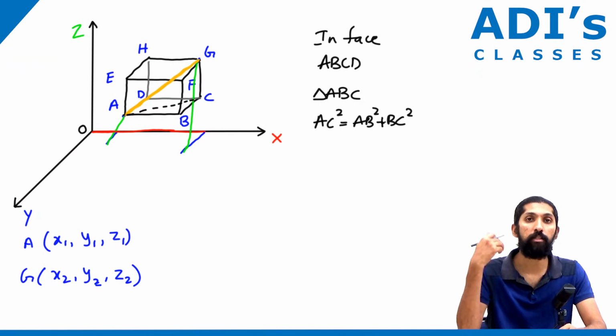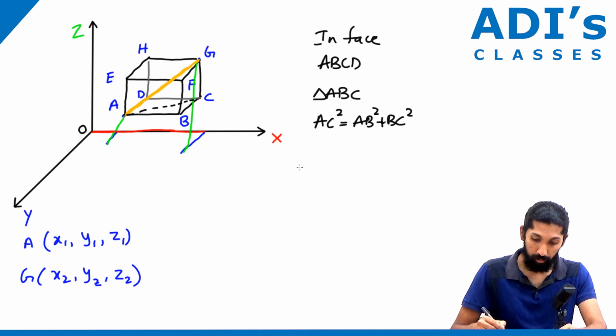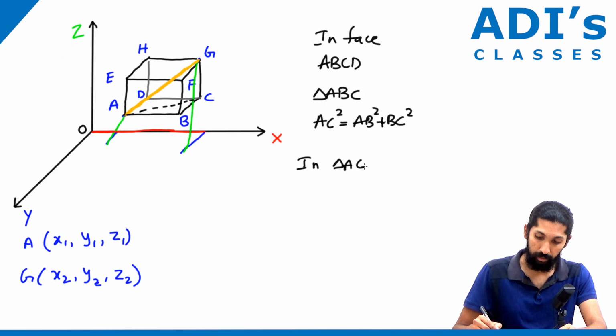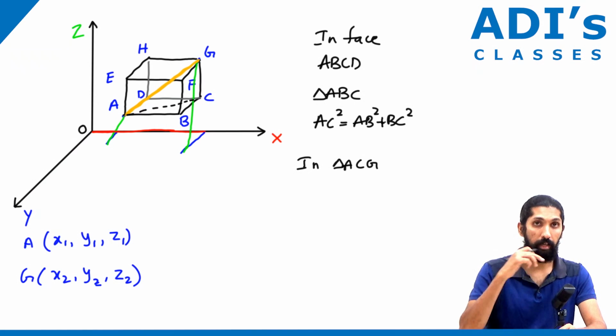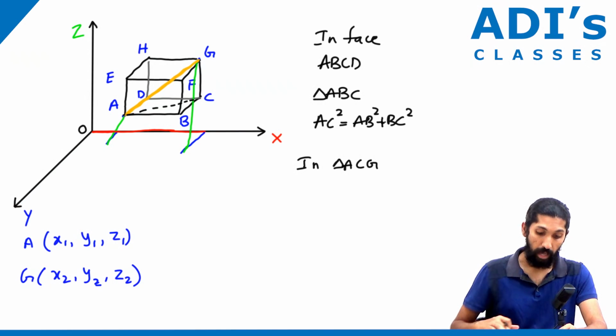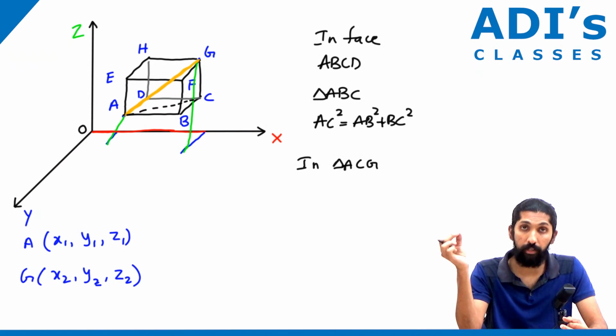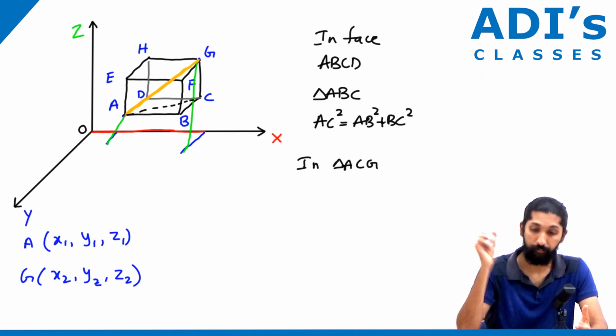Now we have to imagine the triangle in 3 dimensions. That is, now what we do, take triangle ACG. See that AC is along the base, CG is the height, and AG is going to be the diagonal within the particular cuboid, isn't it?